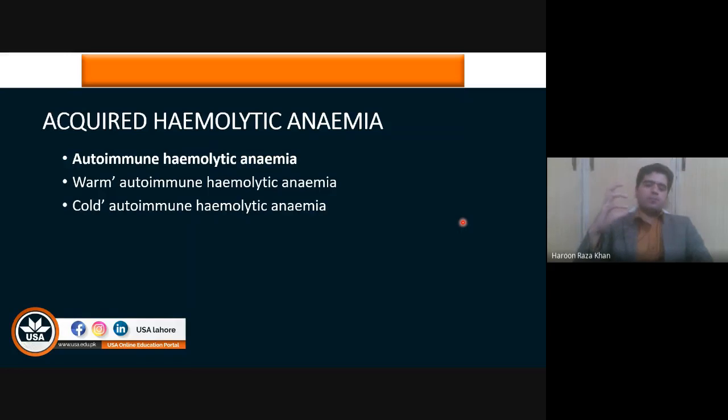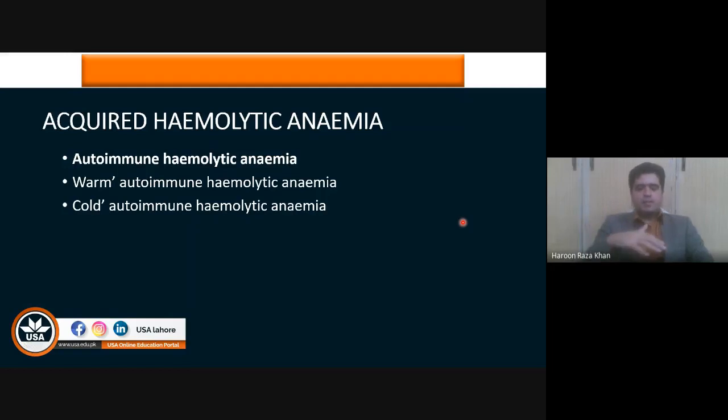These autoimmune hemolytic anemias are diagnosed on the basis of a test known as the Coombs test, which is the basis of a positive direct antiglobulin test. This is a test for autoantibodies or complements attached to the surface of the red blood cells.